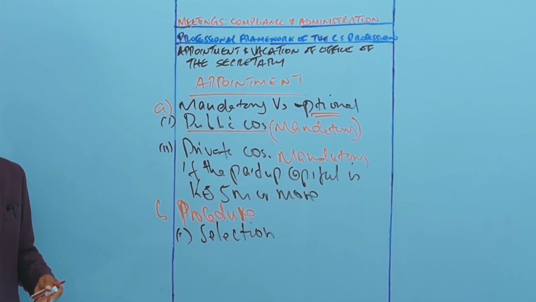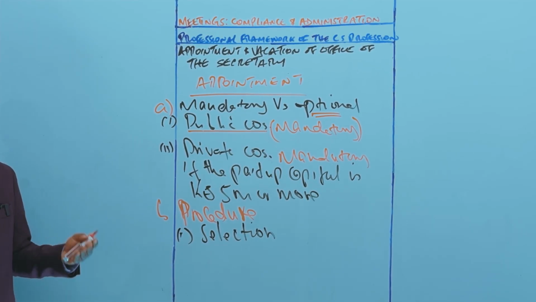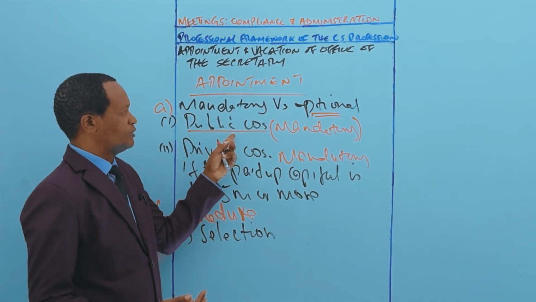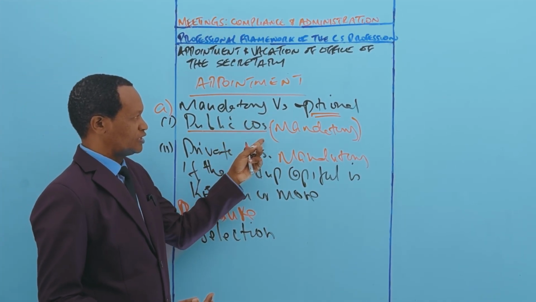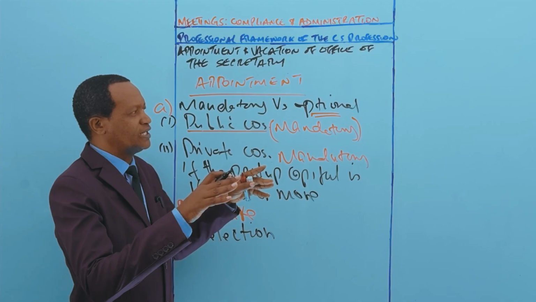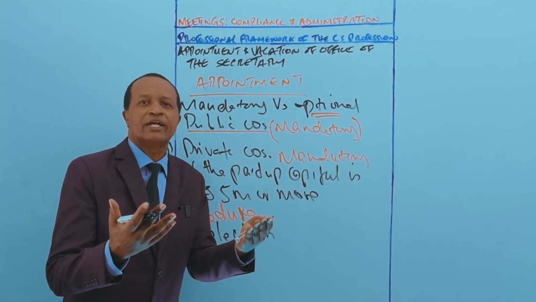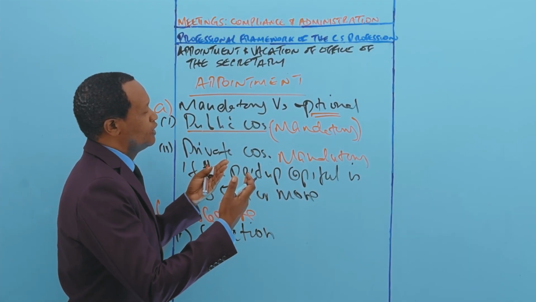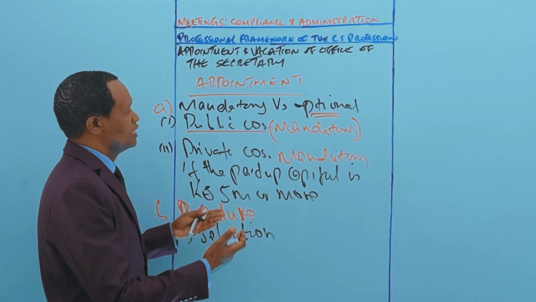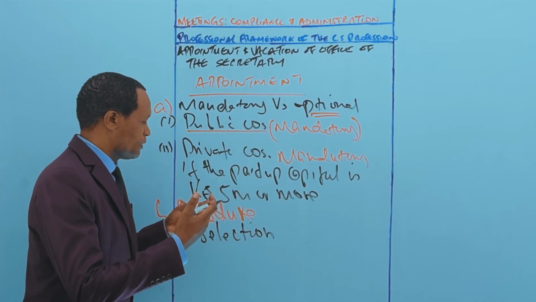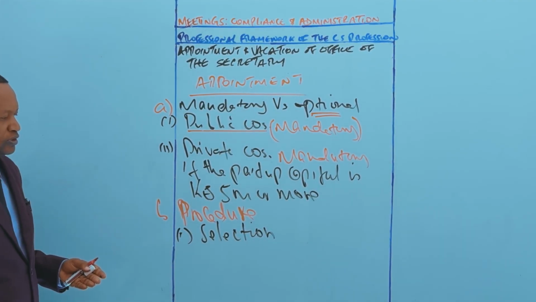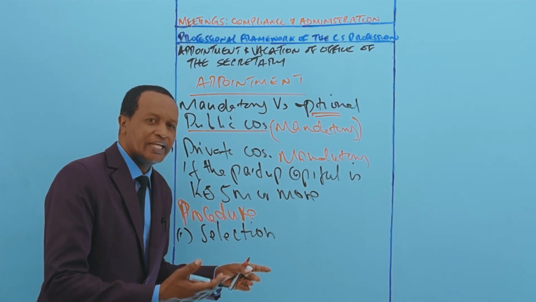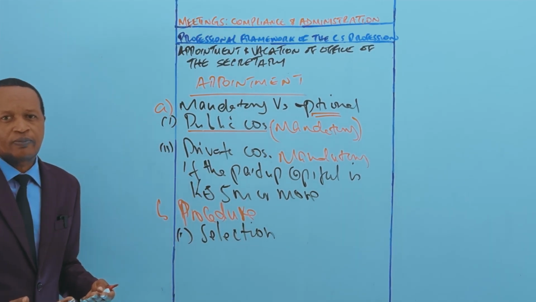The individual has to be selected by the board, because the company secretary must be a natural person, a human being, not a firm. So the board has to select the natural person.